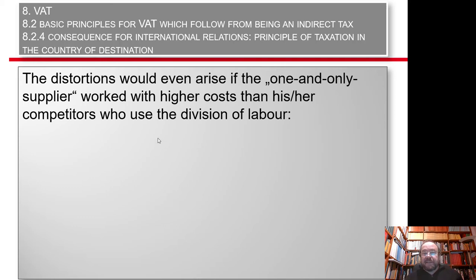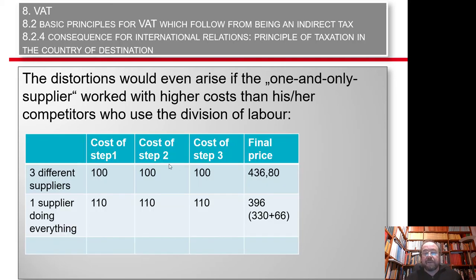That can easily be proven: even the monopolist, the one who does all, would be preferred due to the tax effects if that person worked less effectively.